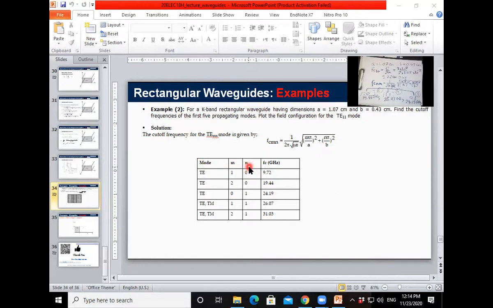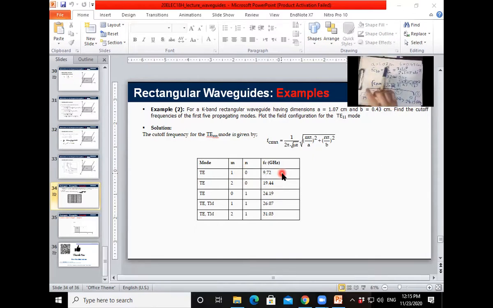If your operating frequency is 15 gigahertz, you're still operating with a single mode. But what if your operating frequency is 20 gigahertz? Then another mode will start to appear, which is the TE20 mode, and then it is no longer a single mode rectangular waveguide. So herein, roughly 10 gigahertz, maybe slightly less than 10 gigahertz, is the band where your rectangular waveguide is operating in a single mode.